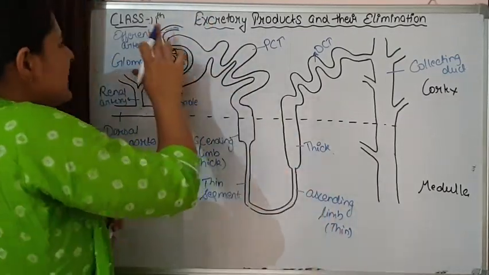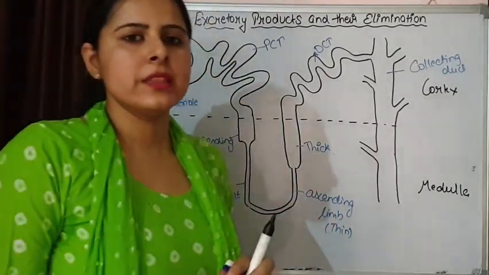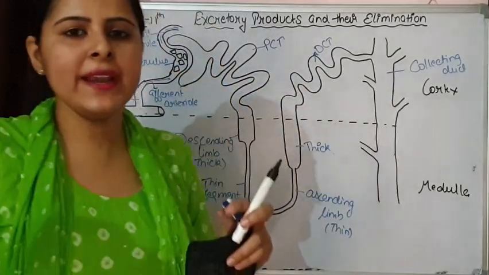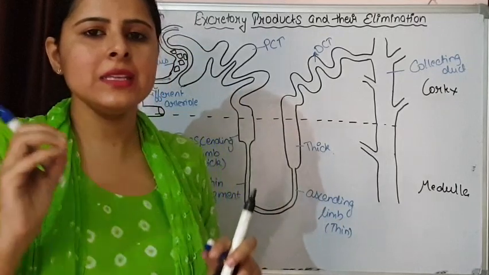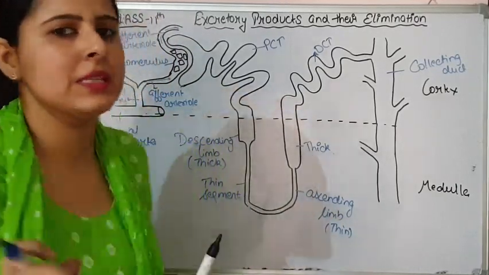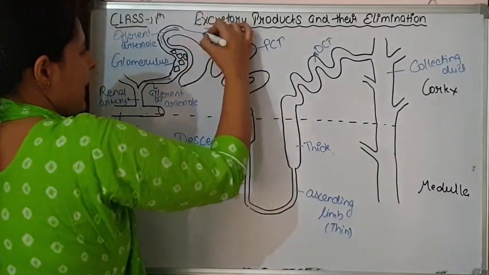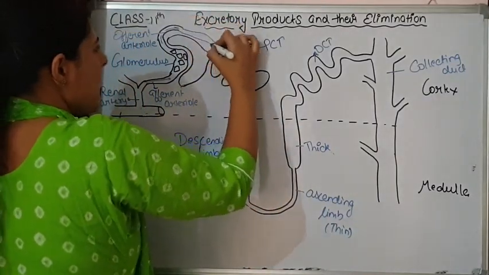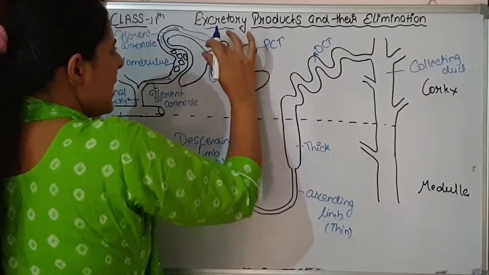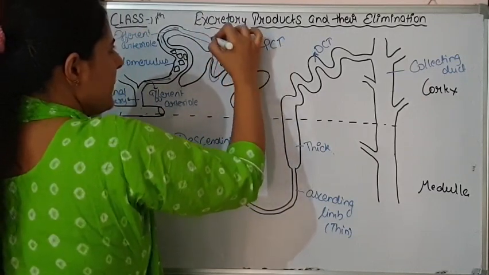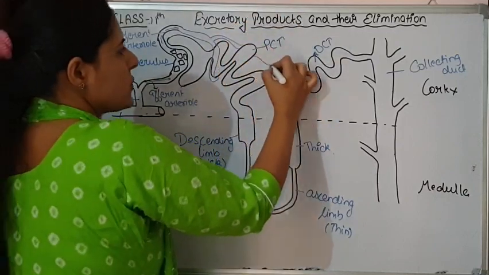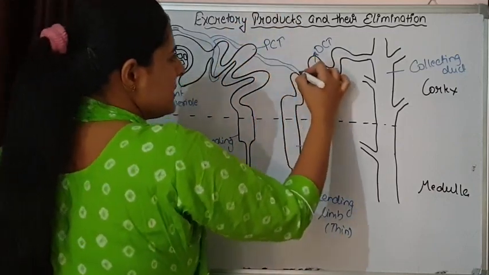Now this efferent arteriole from here is going to divide into capillaries, and these capillaries are known as peritubular capillaries. These peritubular capillaries are going to surround the PCT, means they are present all around the PCTs, and they are also going to surround the DCT.